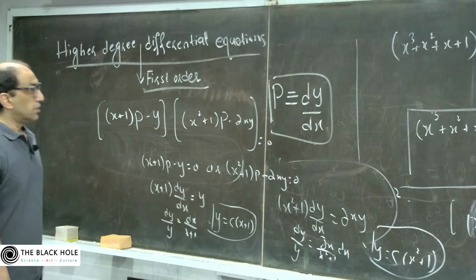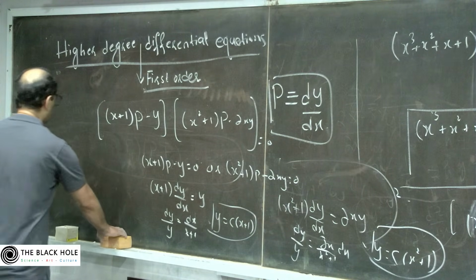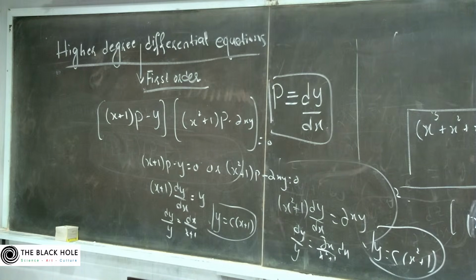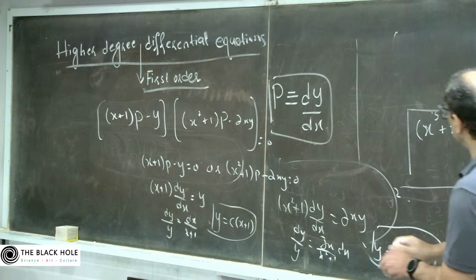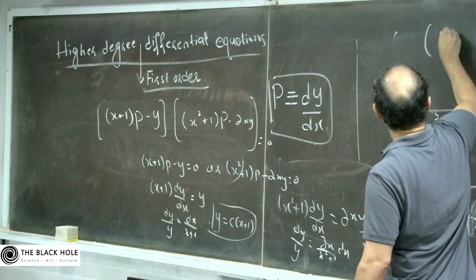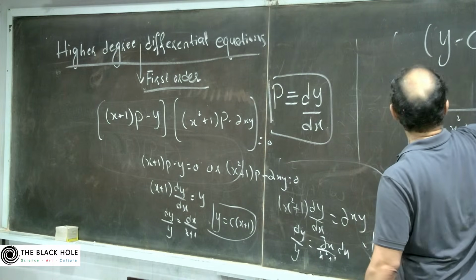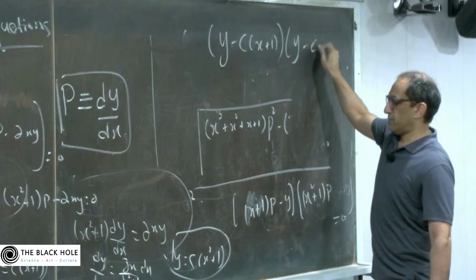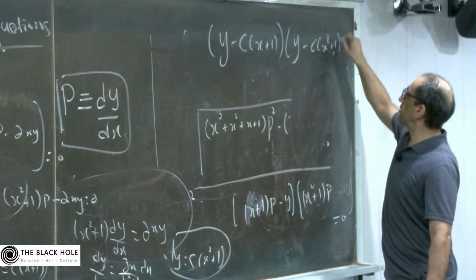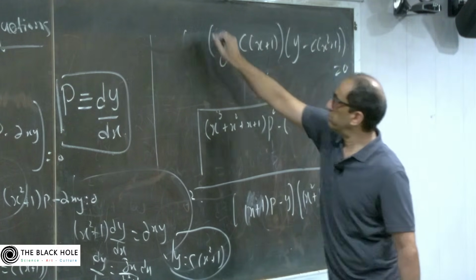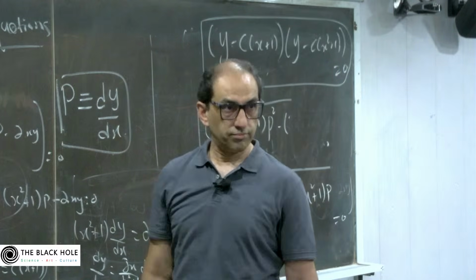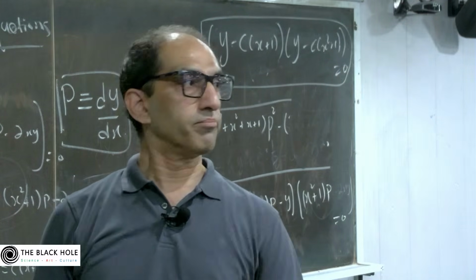Okay. So how many solutions do I get now? I will get (y minus c(x plus 1))(y minus c(x square plus 1)) is equal to 0, and this is solved.